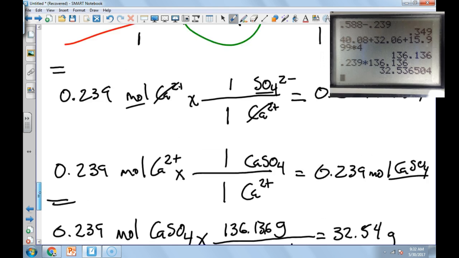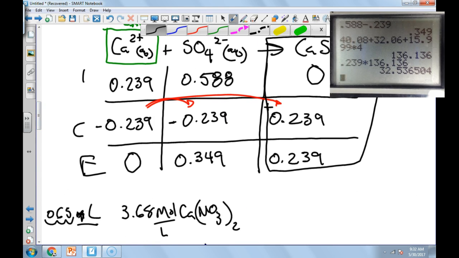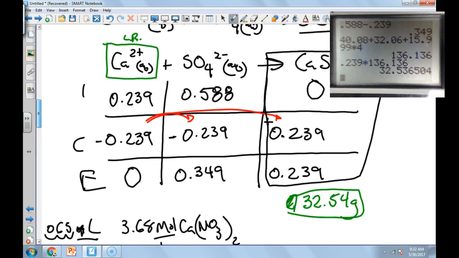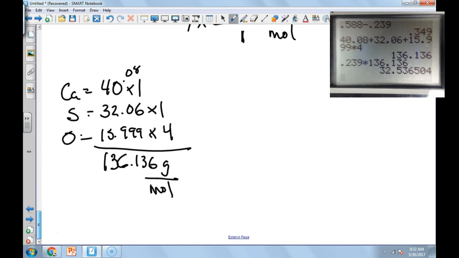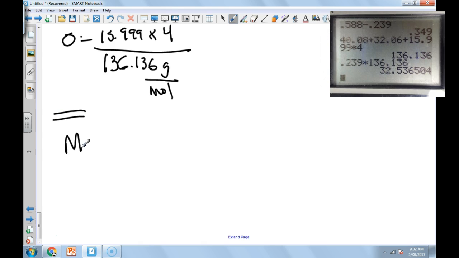I'm going to take that and put that on my IC chart, and because it's not actually part of the IC chart, I'm going to put it down below, 32.54 grams. Okay, and now the next thing is determine the concentration of this that's left over. So that's a molarity calculation. So remember, molarity equals the number of moles over the volume.